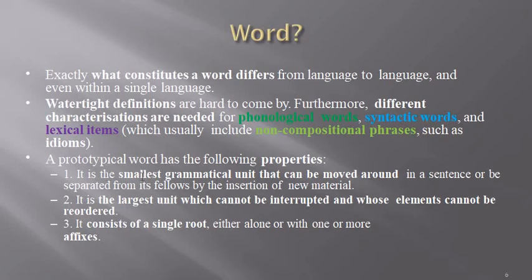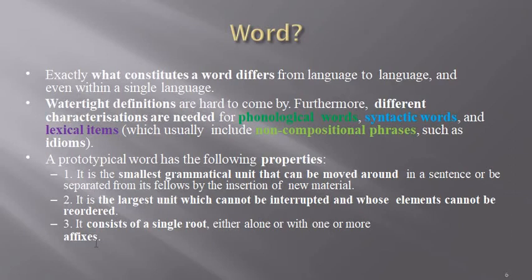It is the smallest grammatical unit that can be moved around in a sentence or be separated from its fellows by the insertion of new material. And it is the largest unit which cannot be interrupted and whose elements cannot be reordered. It consists of a single root, either alone or with one or more affixes.